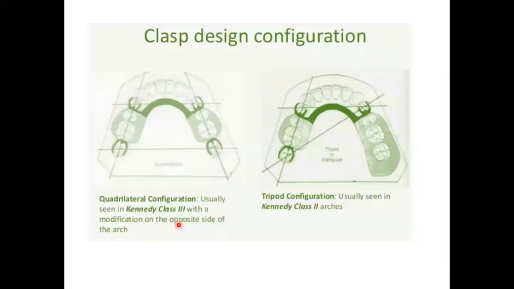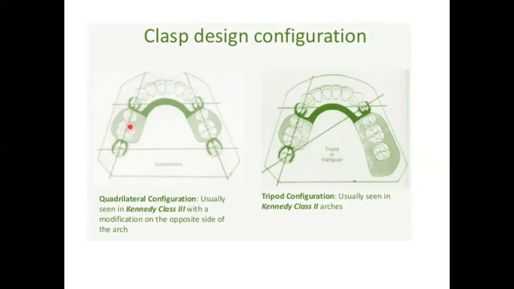So coming on to the clasp configuration, this is one more question that is commonly asked from the exam point of view. This is a Kennedy's class 3, where you can see two natural teeth bounding it anteriorly and posteriorly. In this case, you have fulcrum lines running from this primary abutment and this primary abutment and along this side.